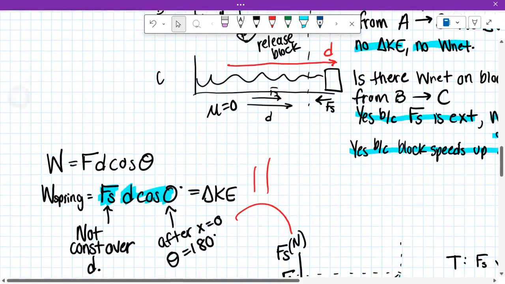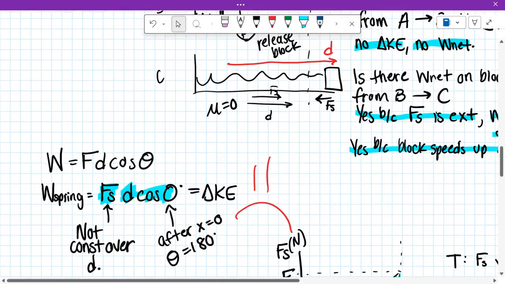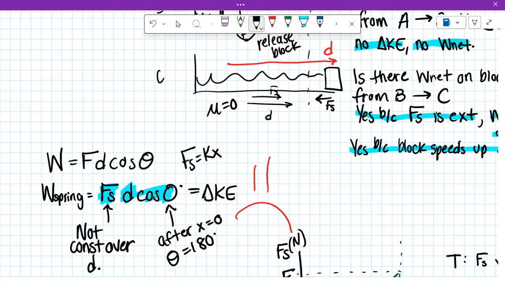So that angle is not constant over the displacement. Also, the spring force is equal to kx. As the spring uncompresses, I'm heading back towards equilibrium, which is right here, and at that equilibrium my spring force is 0. So my spring force is actually decreasing over the displacement. Because my spring force is not constant over the displacement, and I have that issue with the angle, I can't use this equation.